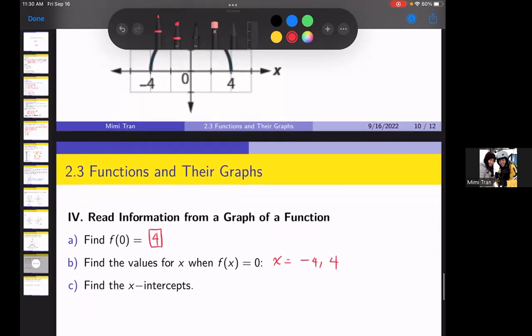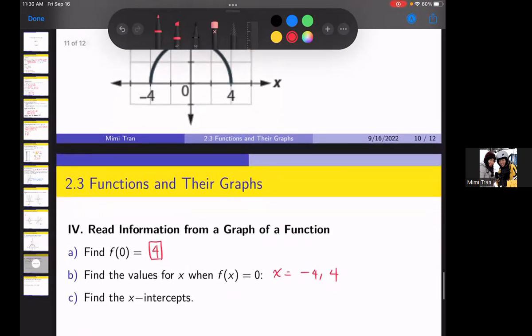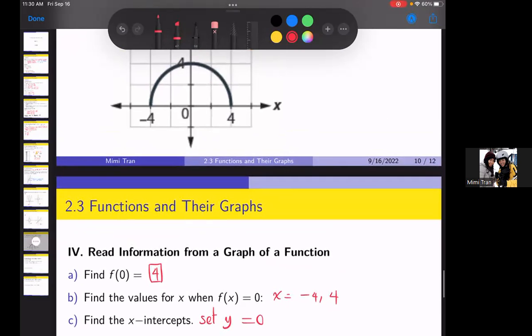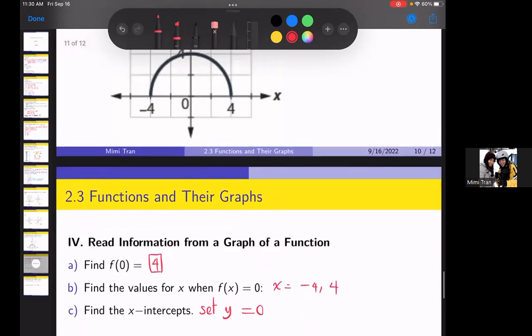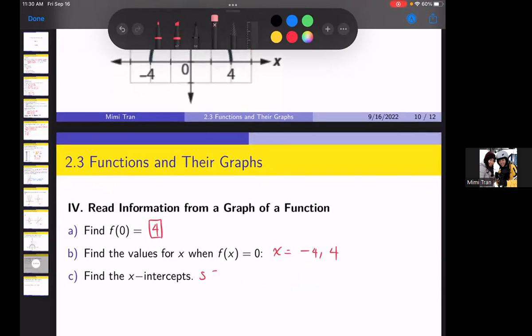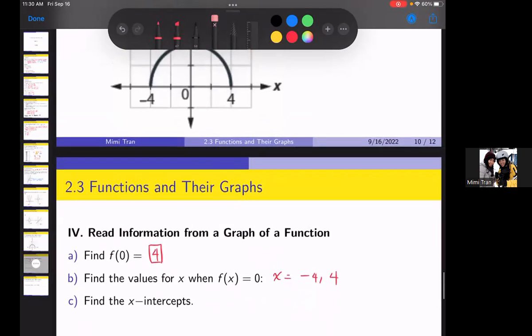Find the x-intercept. When I'm looking for the x-intercept, I'm going to set y equals 0. You know why, right? I just eyeballed this here. I don't have the equation for you to do that.